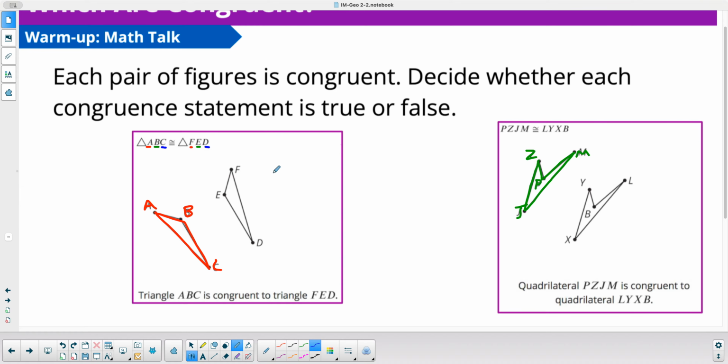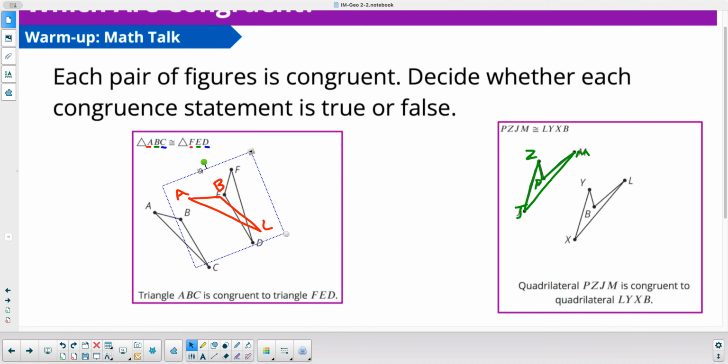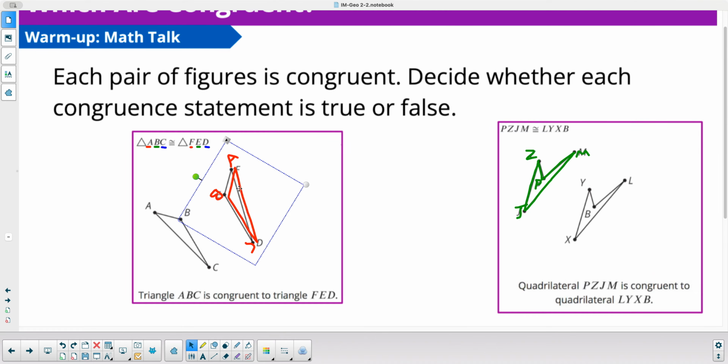Okay, so I'm going to take this and see if I can do some rigid motion here. There's my translate, and then let's see. Oh, I need to reflect, not rotate. Pardon my craziness here. I would have just reflected across ED, but my software won't let me.